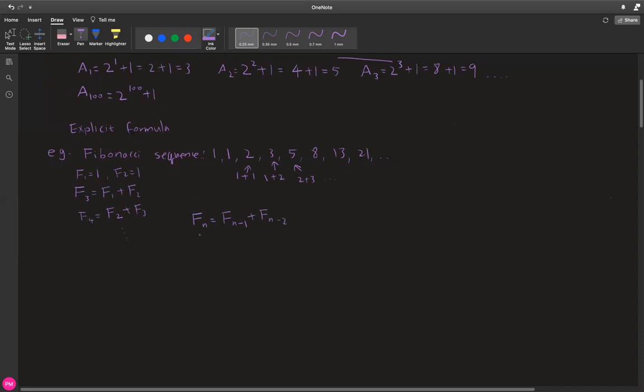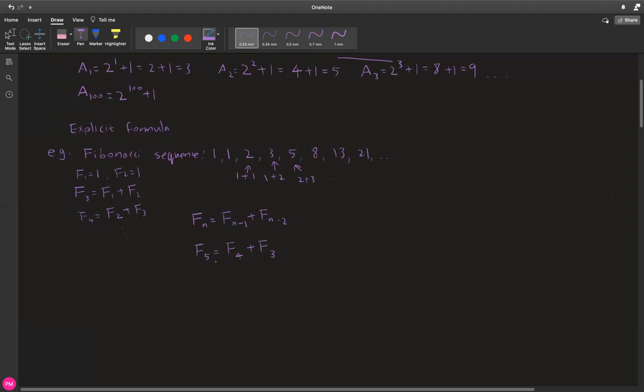This may look a little complicated, but if you plug in each number here, for example, let's say you plug in 5, 5 minus 1 is 4, and 5 minus 2 is 3.